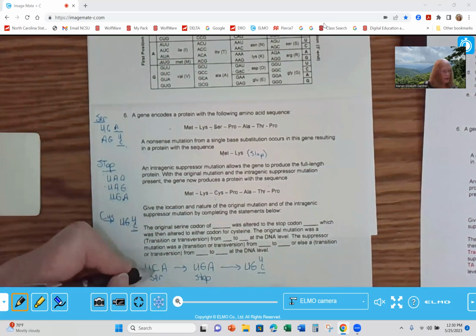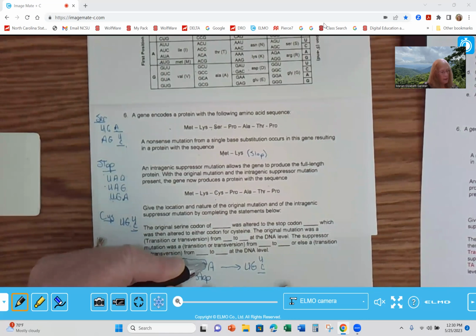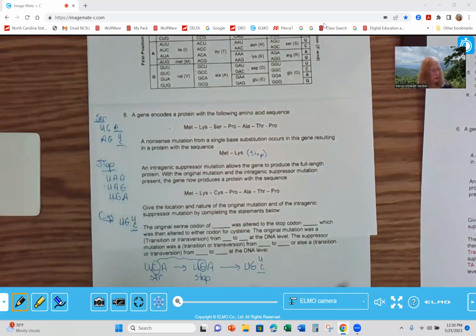So going from this first one to the second, we change this position, and that's going to be a transversion. Going from this position here to that, no matter how you look at it, it is a transversion because this is an AT pair and we're going from a purine to a pyrimidine.